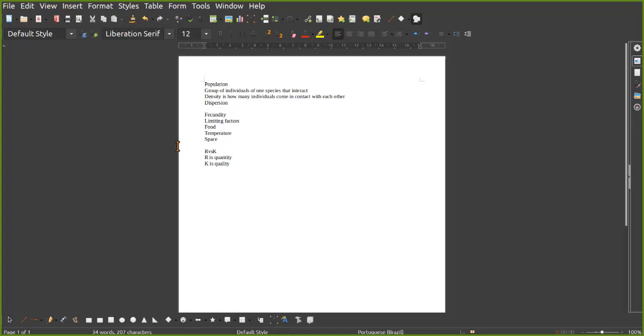So they take little to no effort in making them, and they just hope that at least one survives. And K is the one that puts a lot of energy into growing only a few babies. A good example is that r would be the mosquitoes and K would be the humans.